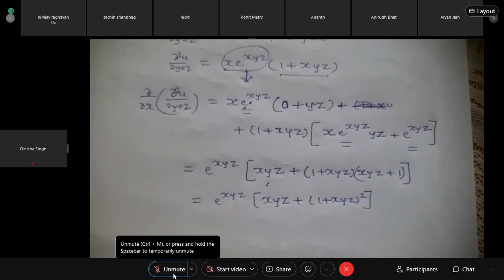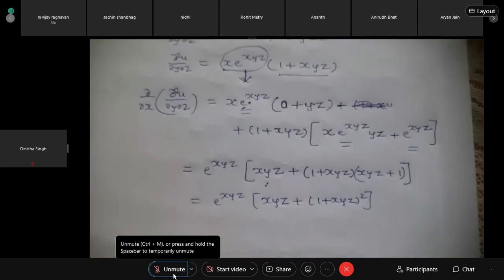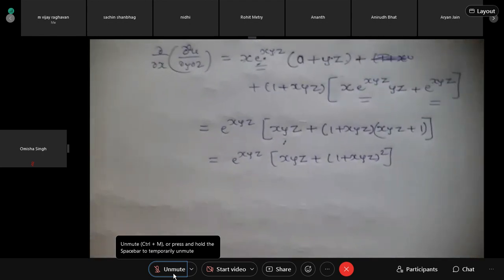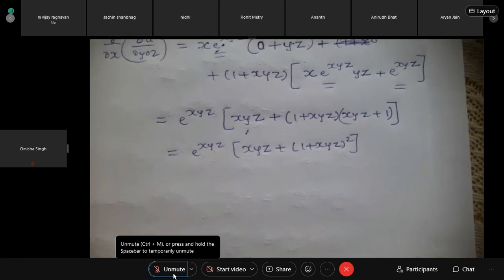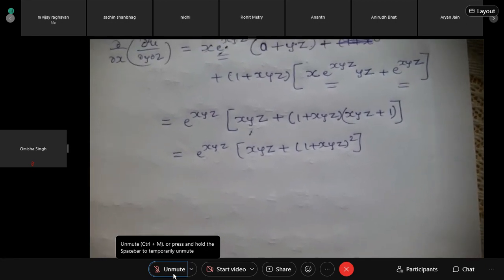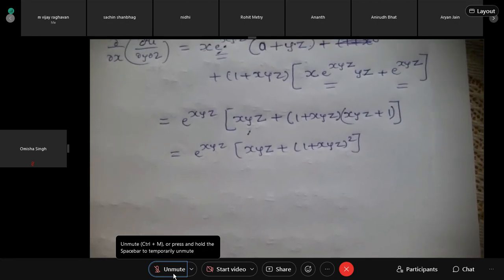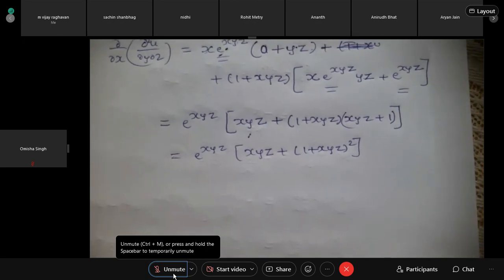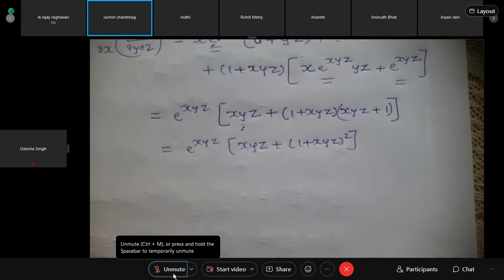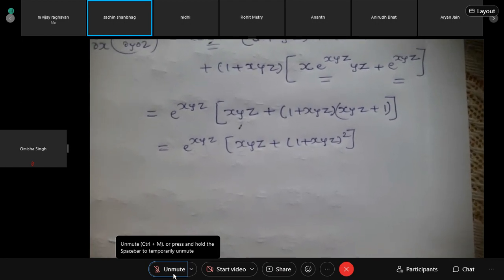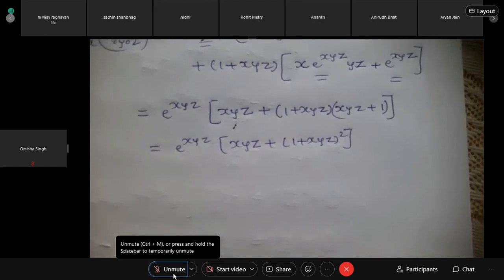Yes, sir. That's all. Further simplification is not required, because they have not asked us to prove anything here. Therefore, I can stop here. I can expand it like (a plus b) the whole square, a square plus b square plus 2ab, and all those simplifications can be done.